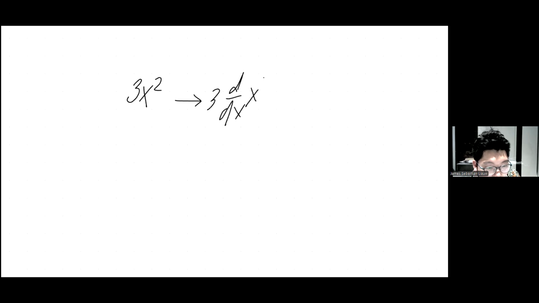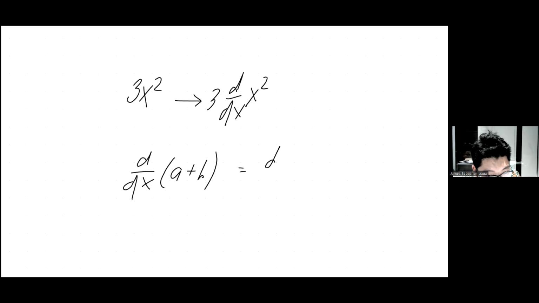If we have the differentiation of a plus b, where a and b are both functions of x, then you first find the derivative of a, and then you add that with the derivative of b.